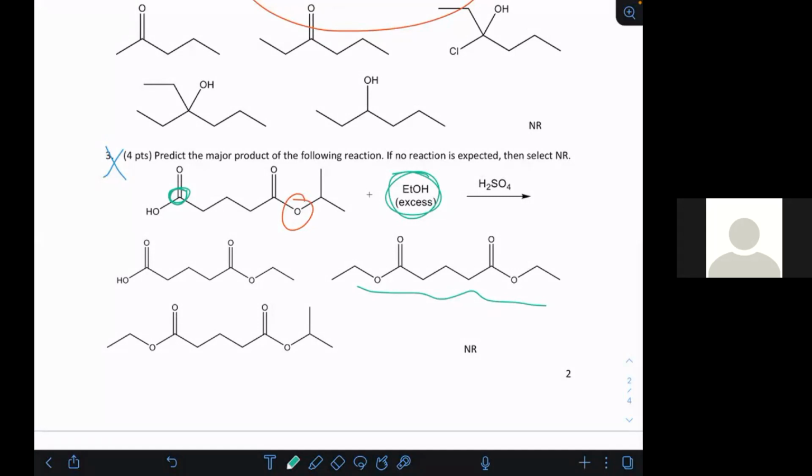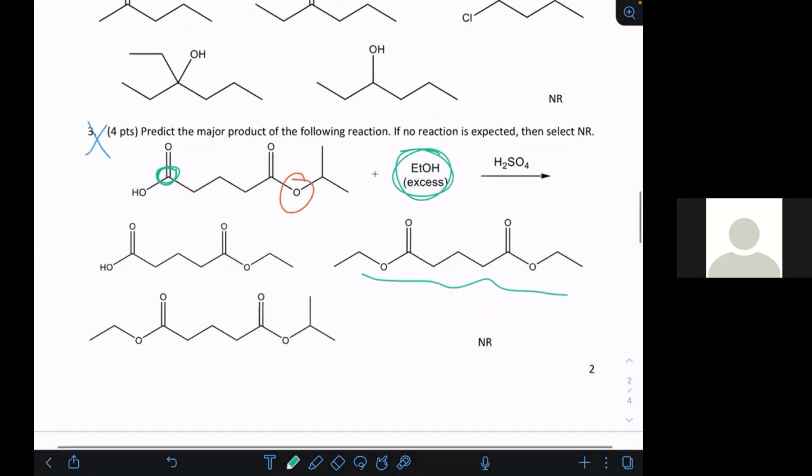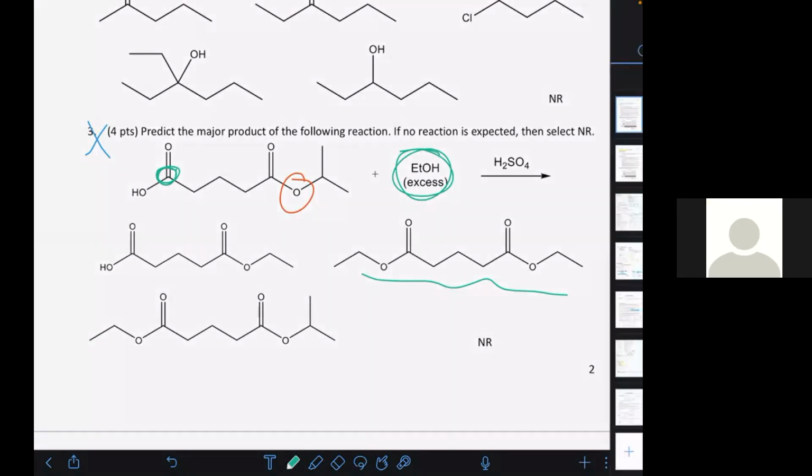So that OR group will swap out with the oxygen and ethanol. It wouldn't be ethanol because the H wouldn't be attached anymore. It's just going to be the oxygen. CH2CH3 would be the new OR group.